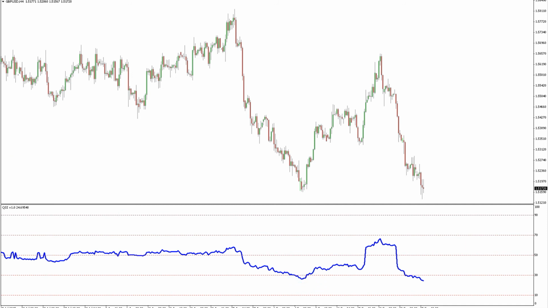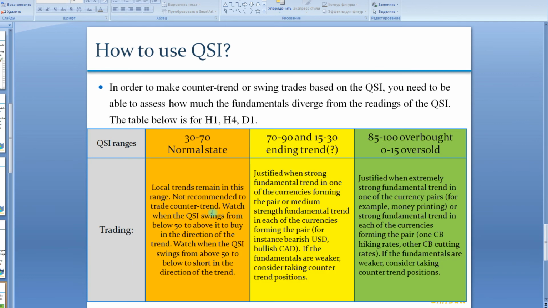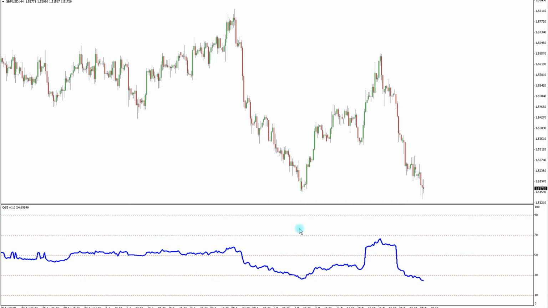One of the things that we use when we trade with the QSI is that the area between 30 and 70, between these two levels, is the area of normal trending. When we are below 30 or above 70, it's an area where we look at the fundamentals.